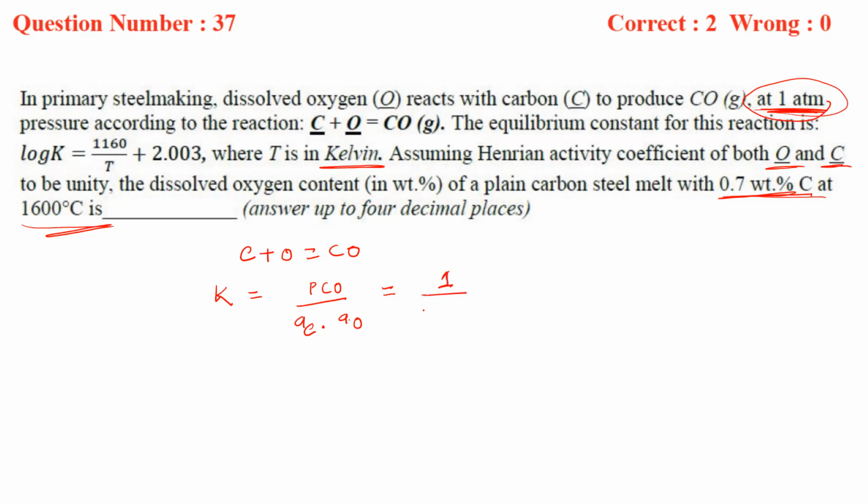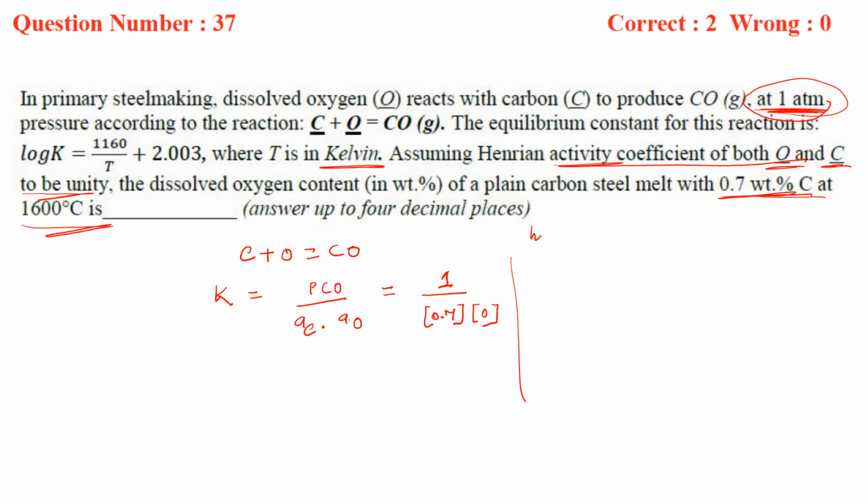Activity of carbon is nothing but Henrian activity, so Henrian coefficient into the weight percent, right? And since Henrian coefficient is given as unity, this will ultimately be equal to the weight percent. So for carbon it is 0.7, for oxygen we need to find, right guys?